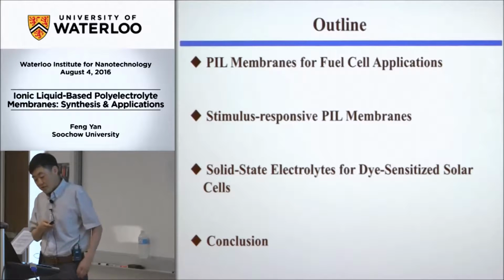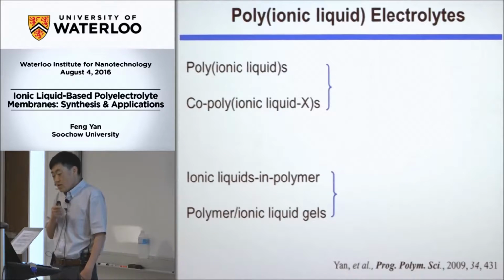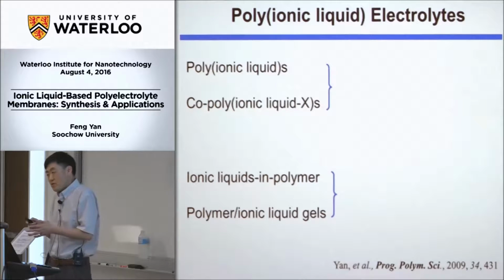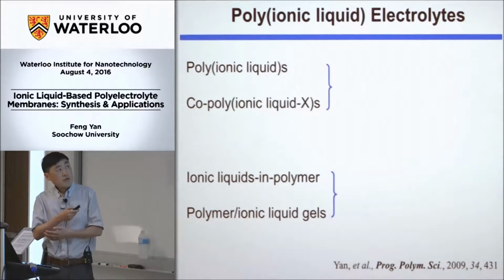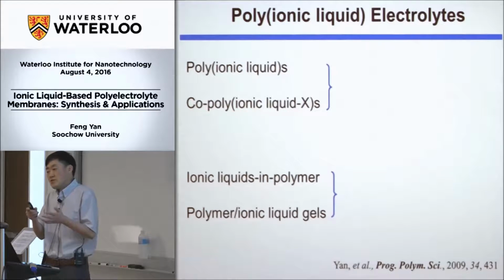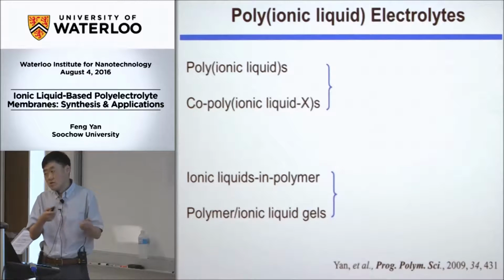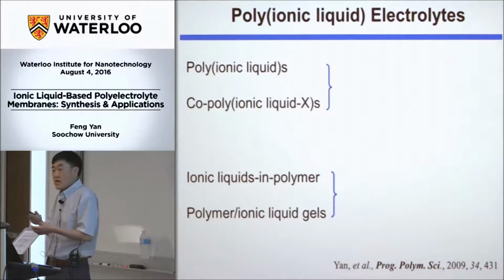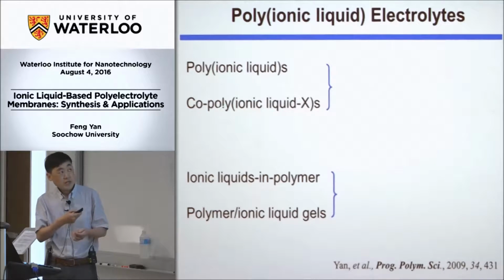This is not the membranes. When we talk about polyionic liquid electrolytes, there are two main methods to prepare them. The first is to polymerize: you synthesize the monomers of ionic liquids, and then use radical polymerization or living radical polymerization, or co-polymerize with other monomers like styrene or MMA to prepare the electrolytes.